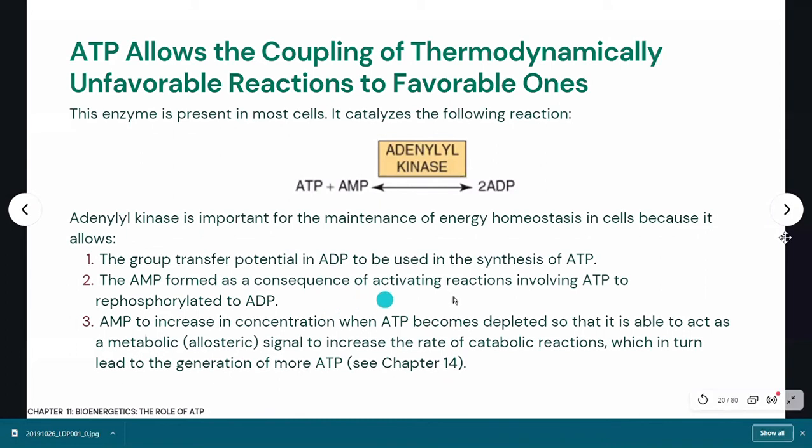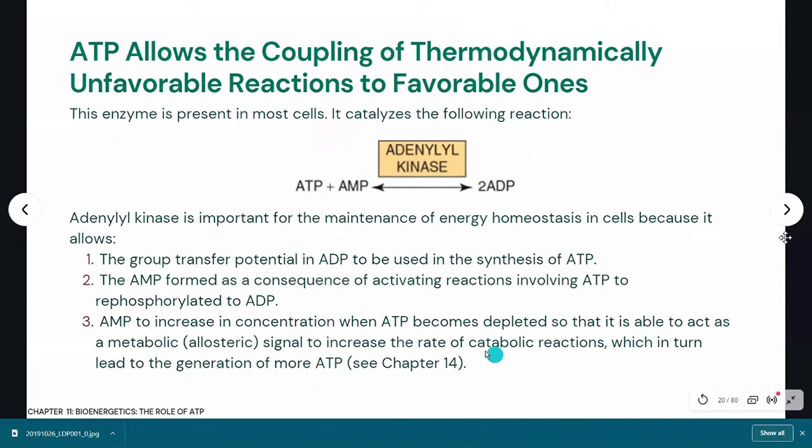AMP forms as a consequence of activating reactions that use ATP. AMP increases in concentration when ATP becomes depleted, so that it acts as a metabolic signal to increase the rate of downhill reactions. Downhill, or exergonic, reactions are catabolic reactions, reactions that produce energy, which in turn lead to the generation of more ATP.